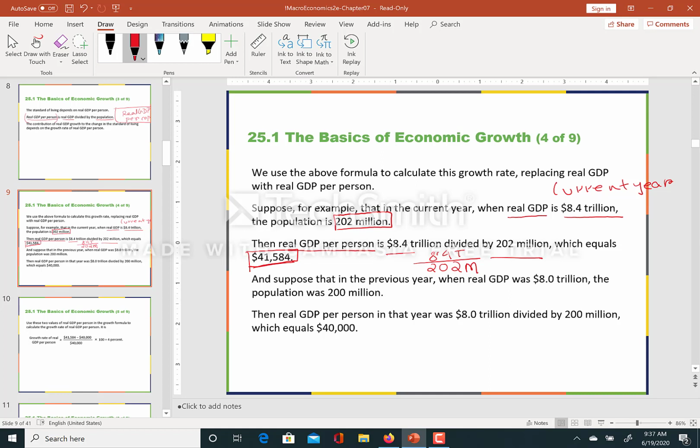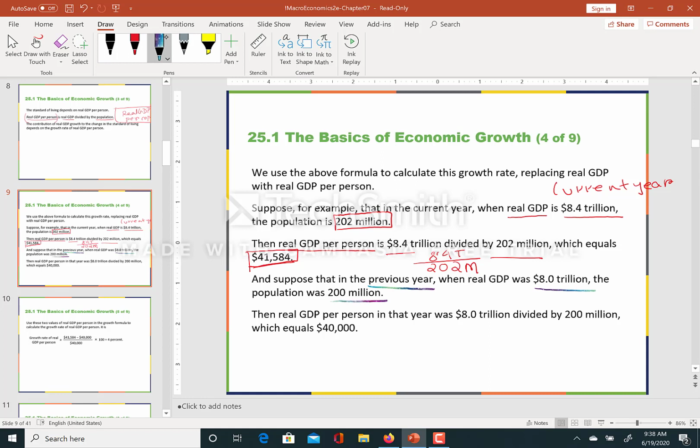Now we also have the previous year's data. If we look into that, the real GDP was 8 trillion, population 200 million.